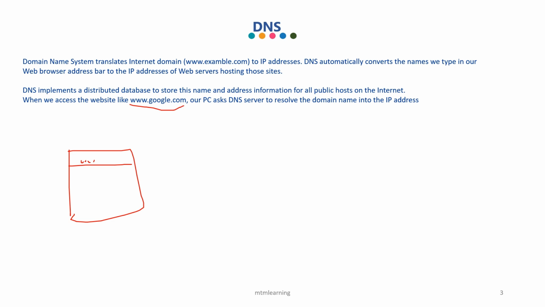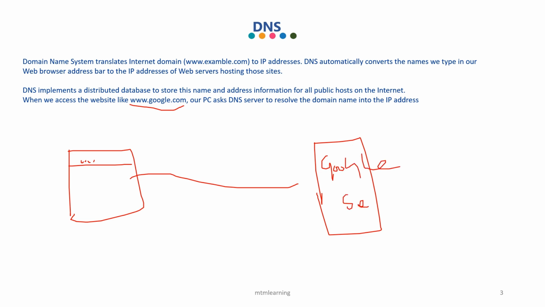So what happens is it leaves your network and goes to the Google server, and then asks, I want to access www.google.com, and then it gives back, okay, this is the web page for google.com. So then it gets displayed on your PC. This is your PC. So it looks very easy. That's how we think it happens.